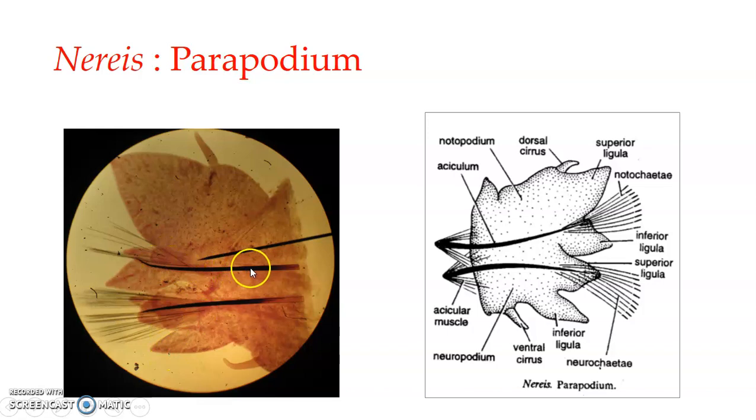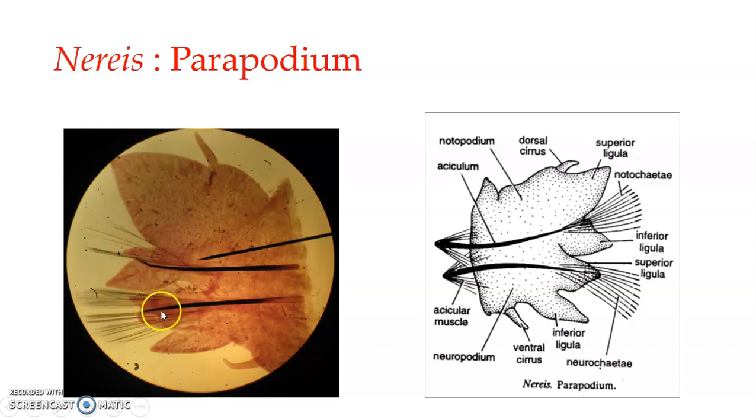This structure is a very stiff endoskeletal chitinous rod that supports the notopodium and the neuropodium, and this is known as the aciculum. The aciculum on the inner part is attached to acicular muscles. These acicular muscles contract and relax for protruding and retracting the parapodia.